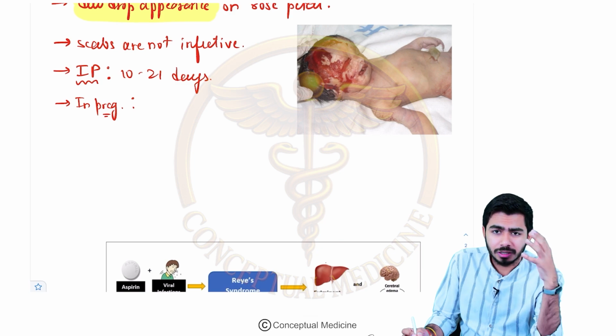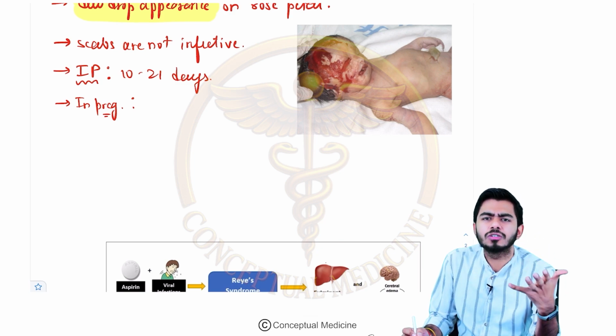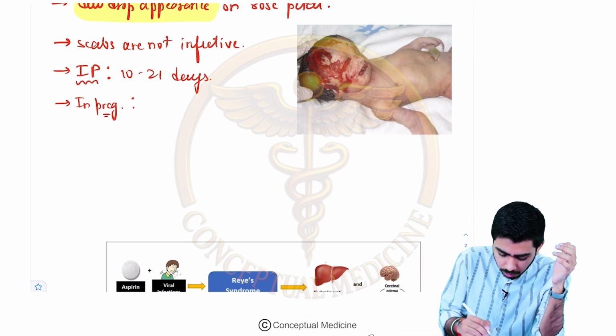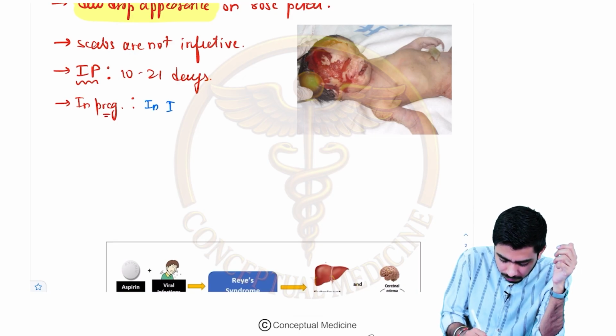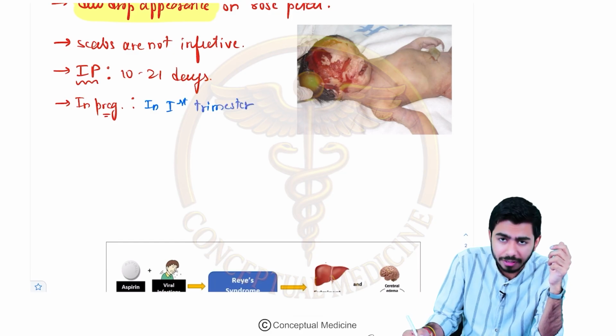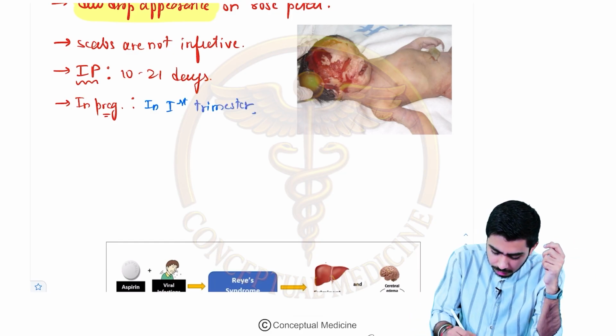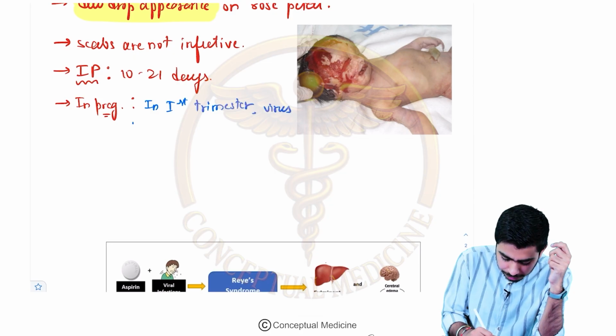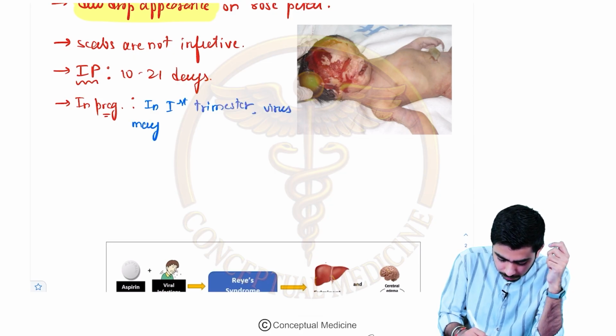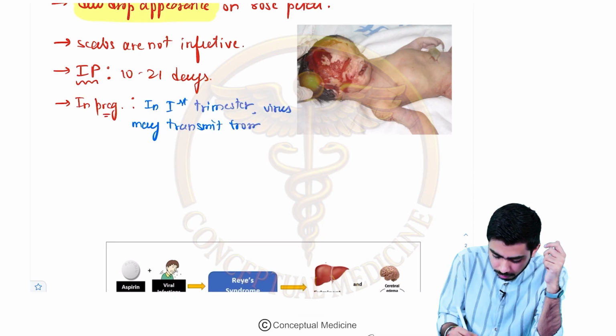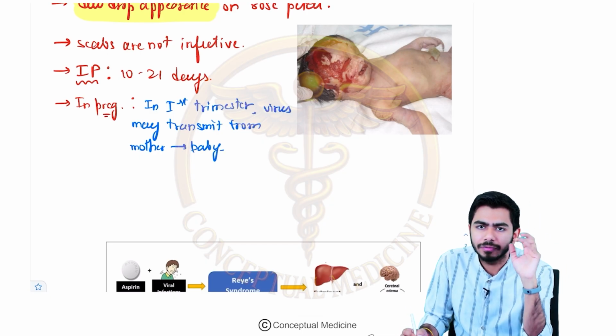Before 20 weeks, or I would say in the first trimester, this virus has the highest chance of transmission. In the first trimester, or in fact up to 20 weeks, this virus may transmit from mother to baby. So that can be very fatal.